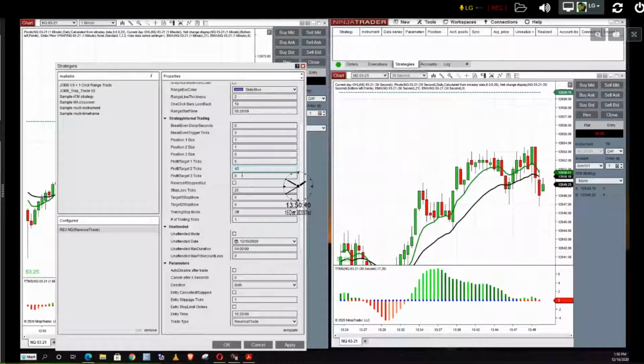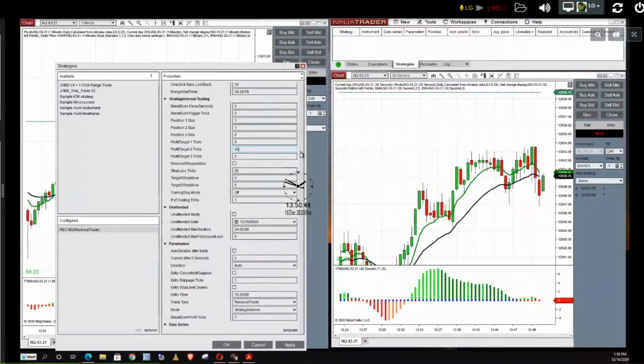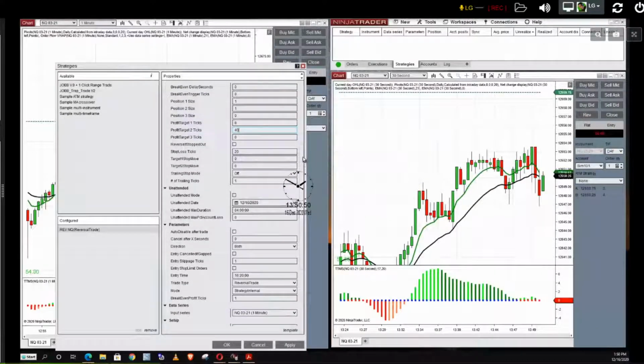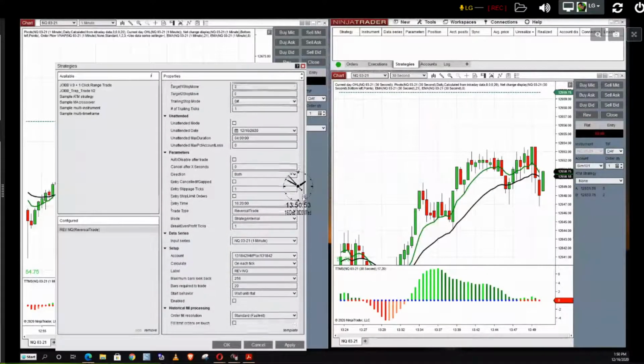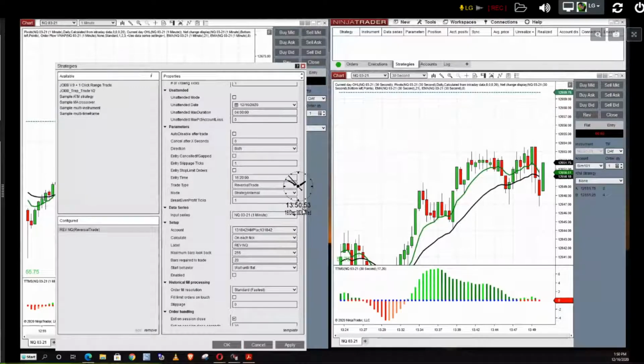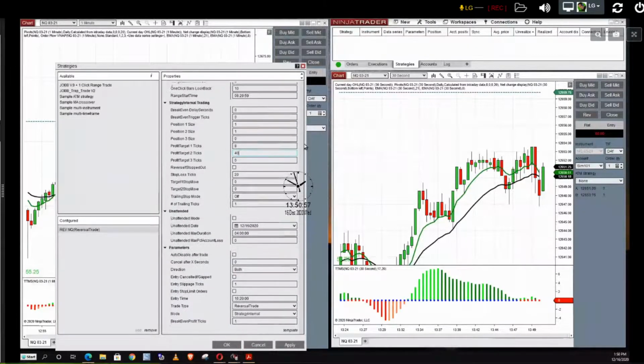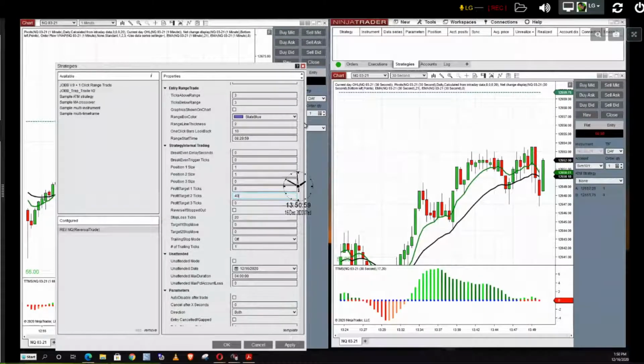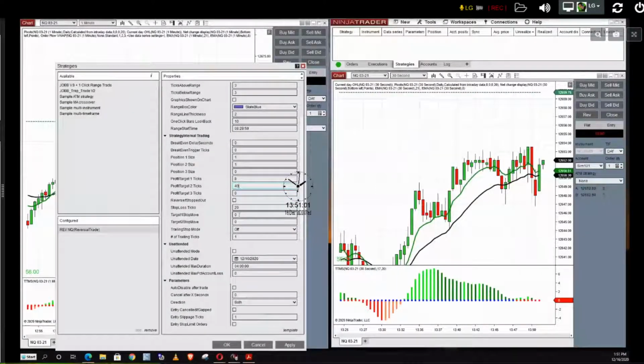If we hit the first target, I should hopefully have time to move my stop to break even. I can move my stop to break even automatically if I want.